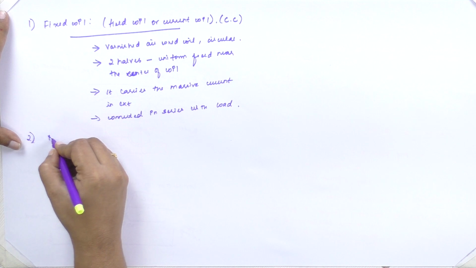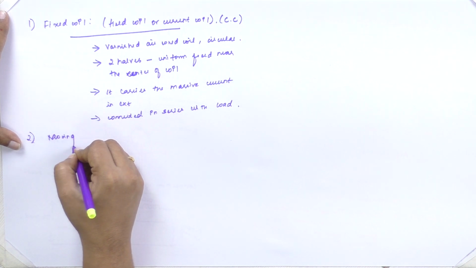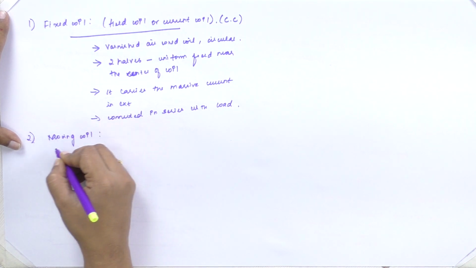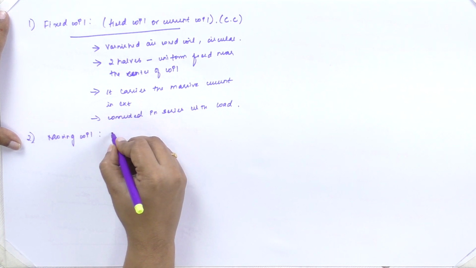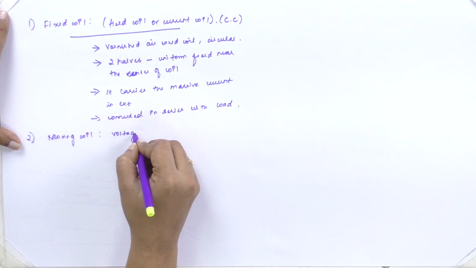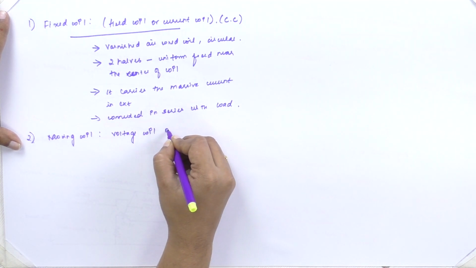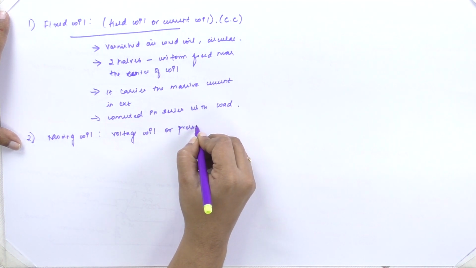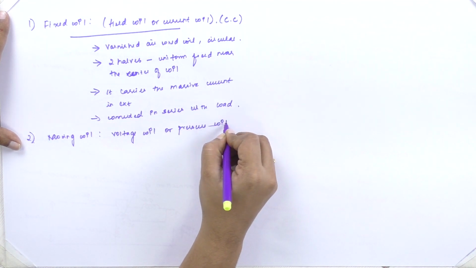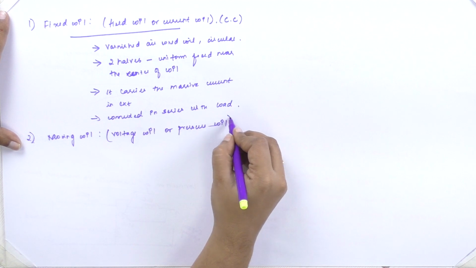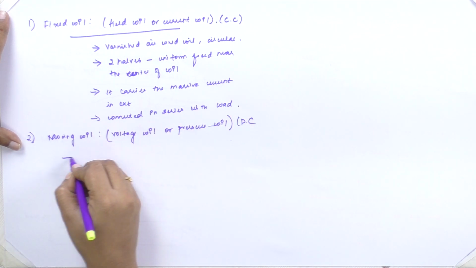Next one is the moving coil. This moving coil is also called the voltage coil or pressure coil, normally represented as PC.